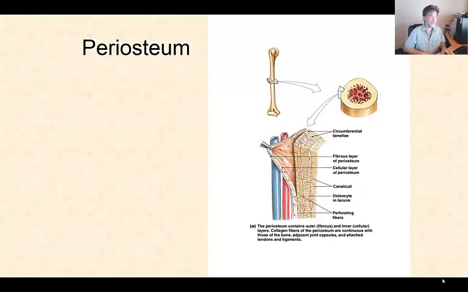This is a nice little figure about the periosteum and shows you the tough outer layer, the fibrous layer, if you will, that's made up of that dense irregular connective tissue. So the inner layer that we just barely see here, the cellular layer, is made up of all the important cells of the bone except one. So we're going to see osteoblasts here. We're going to see the osteogenic or osteoprogenitor cells in this layer, as well as the osteoclasts.